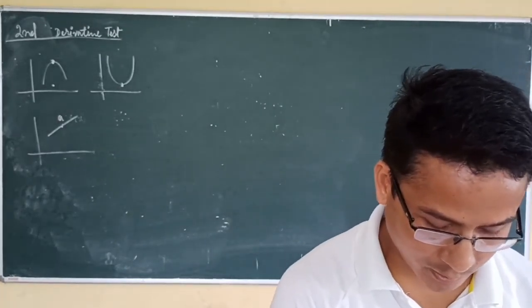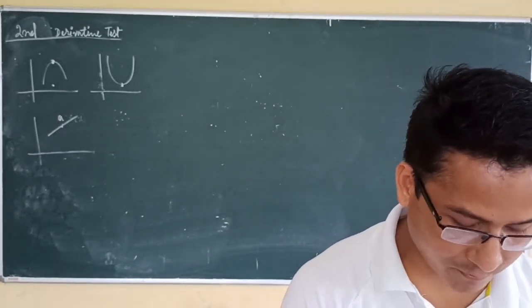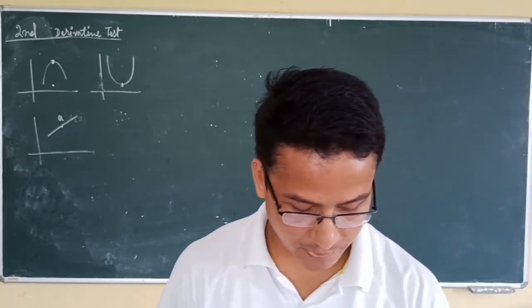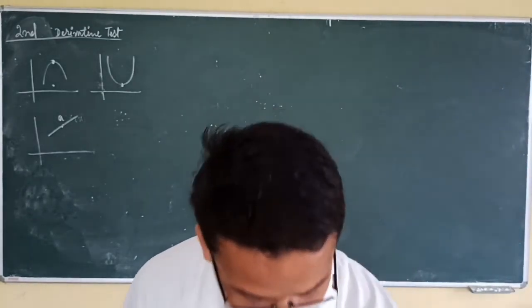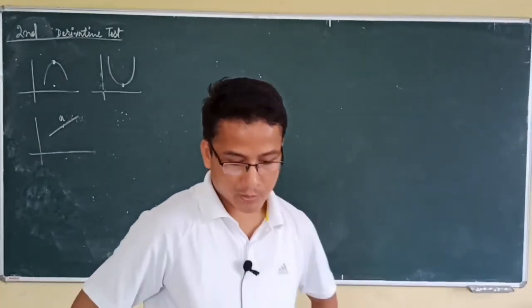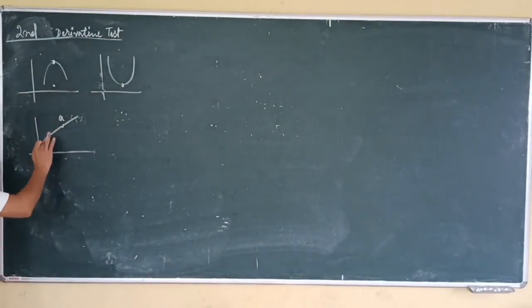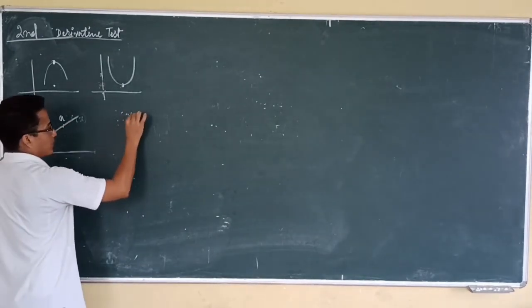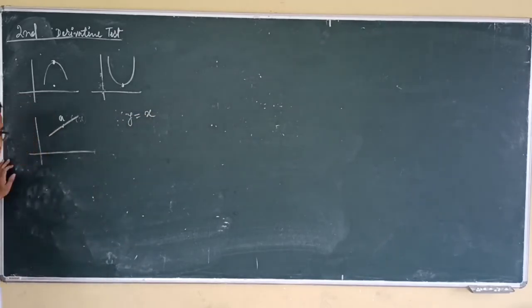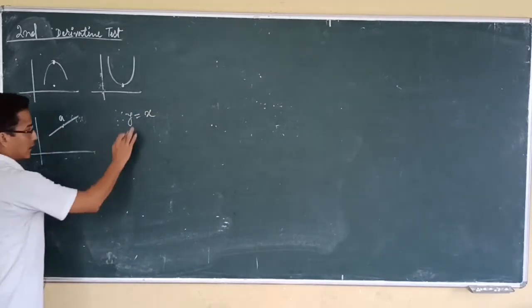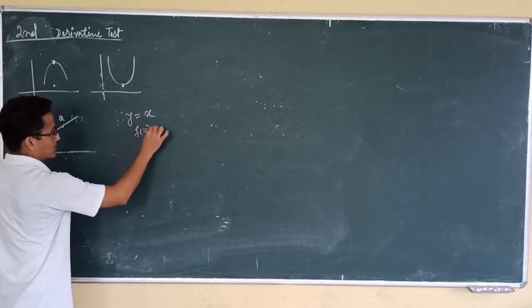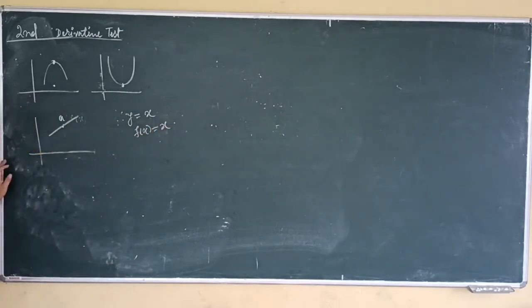So in that case we call it an extreme value. Suppose this is a function, nearly this type of function is y equal to x. The function y equal to x means f of x equal to x. So for this type of function you will get the extreme value.